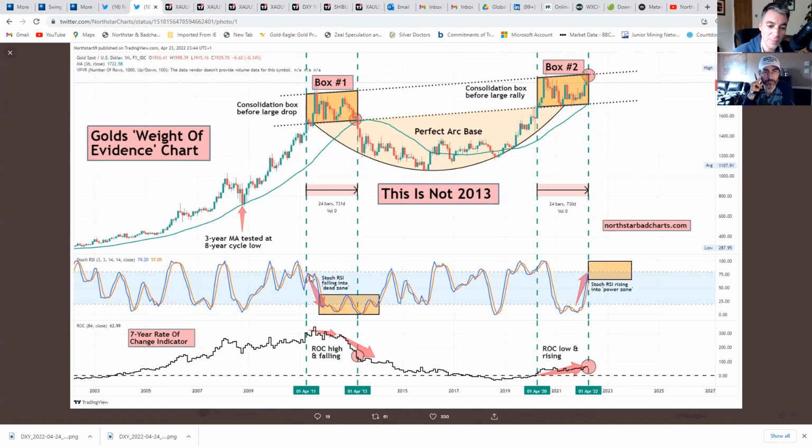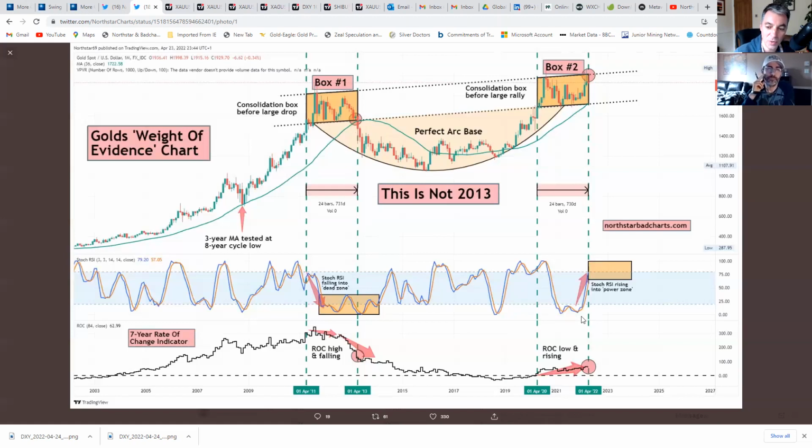In box number 1, the stock RSI had been very high and was falling throughout box number 1, and it hit the low zone, or the dead zone as I've called it, and it bobbled around in the dead zone, and it was down in that dead zone when the price of gold broke down and fell hundreds and hundreds of dollars, as we now know, into late 2015. So the stock RSI was low and it had fallen from a high point.